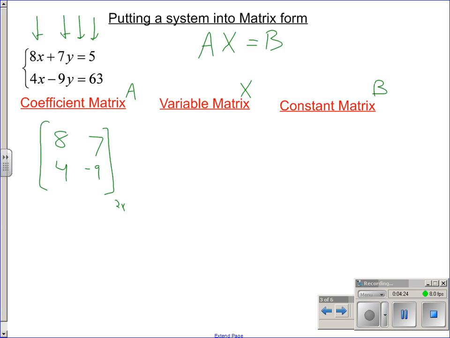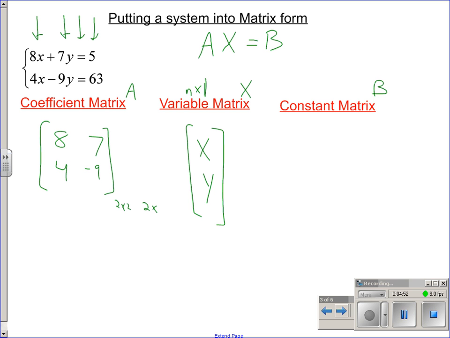Right now this is a 2 by 2, so the variable matrix has to be a 2 by something. We've only got 2 variables, X and Y, but it has to have 2 rows. So we're going to organize it like this: X, Y. It's going to be a 2 by 1. Your variable matrix is always going to be a certain number of rows by 1 column, always.